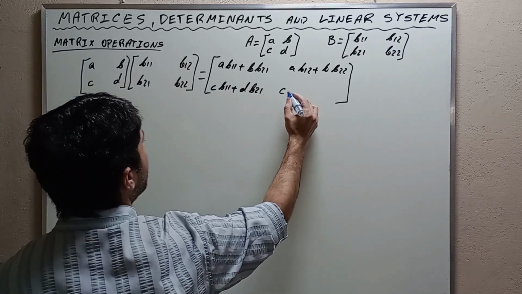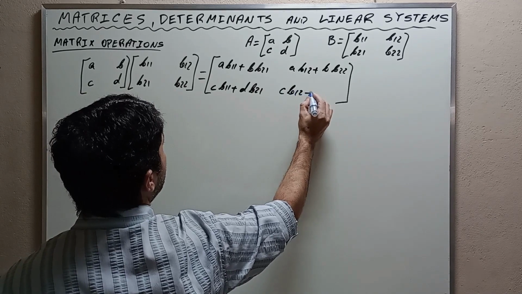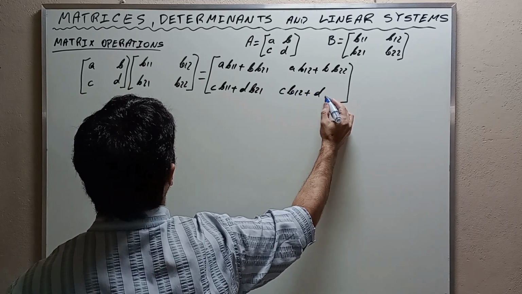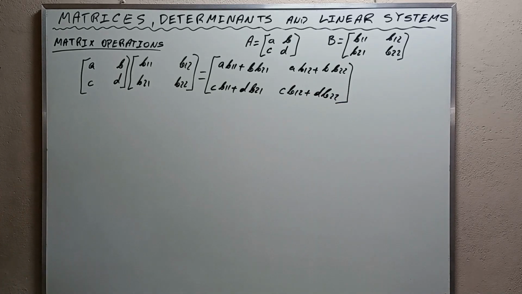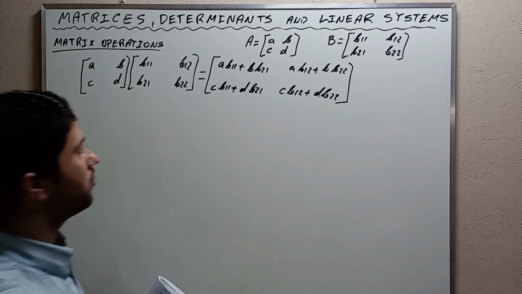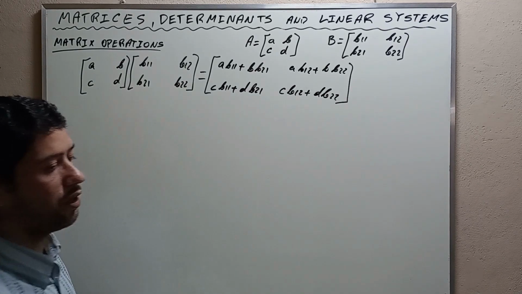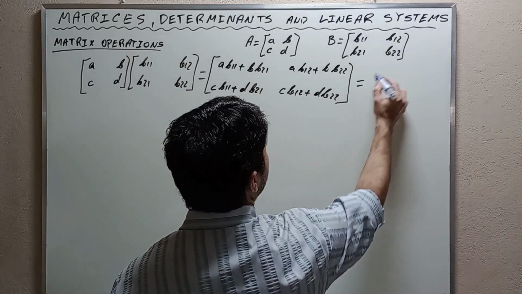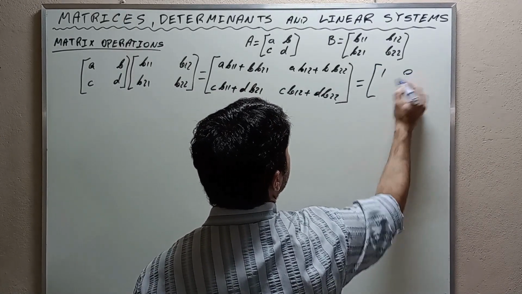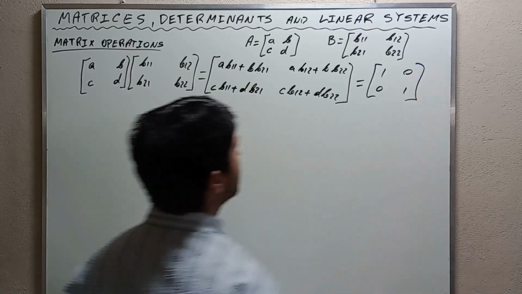C times B12 plus D times B22. Okay? And of course, if one is the inverse of the other, they have to produce the identity matrix.